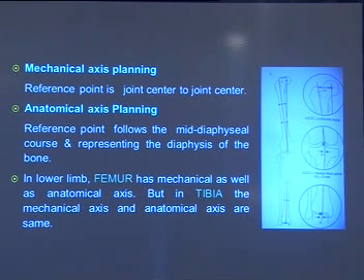In lower limb, femur has a mechanical as well as an anatomical axis. As Dr. Arya Agrawal has already shown you, there is a mechanical axis of the femur and an anatomical axis of the femur. There are two different axes in the femur, but in tibia, the mechanical axis and the anatomical axis are the same.